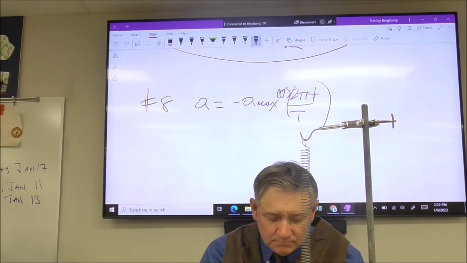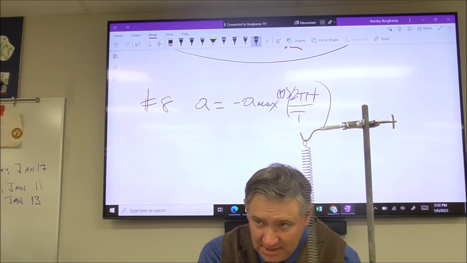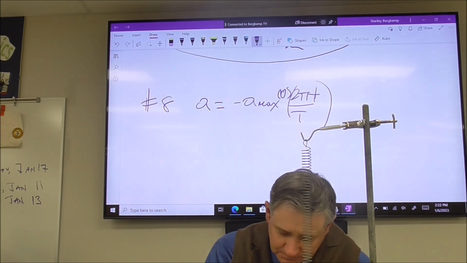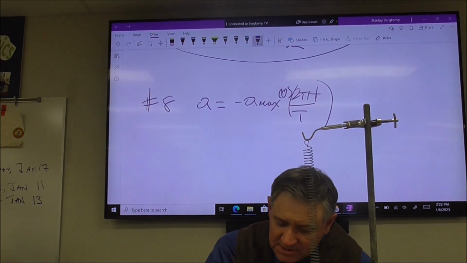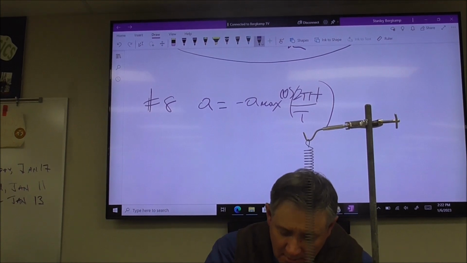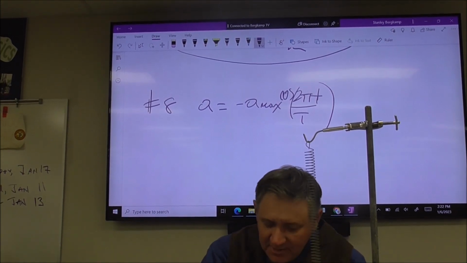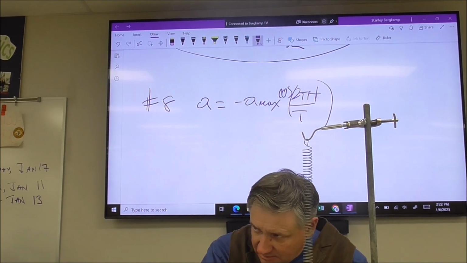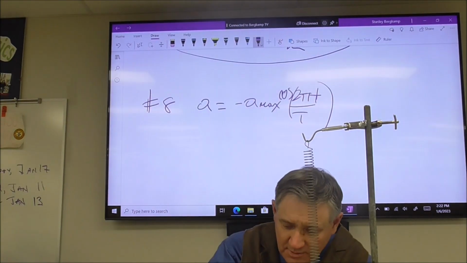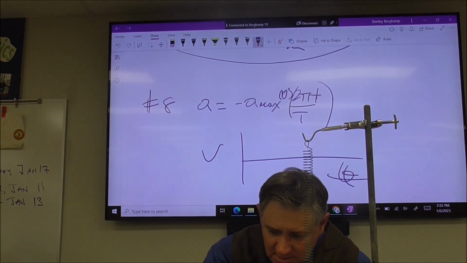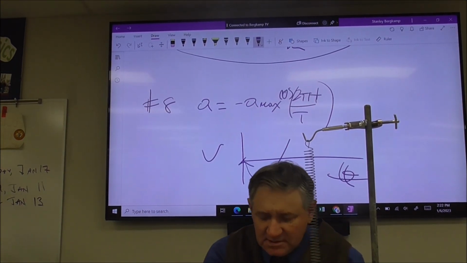Now, what you want to do on number 10. On number 10, you have to go back onto your velocity time graph and indicate if the sign of the acceleration is positive or negative, okay? Your velocity time graph is going to start at 0 and it's going to do this.